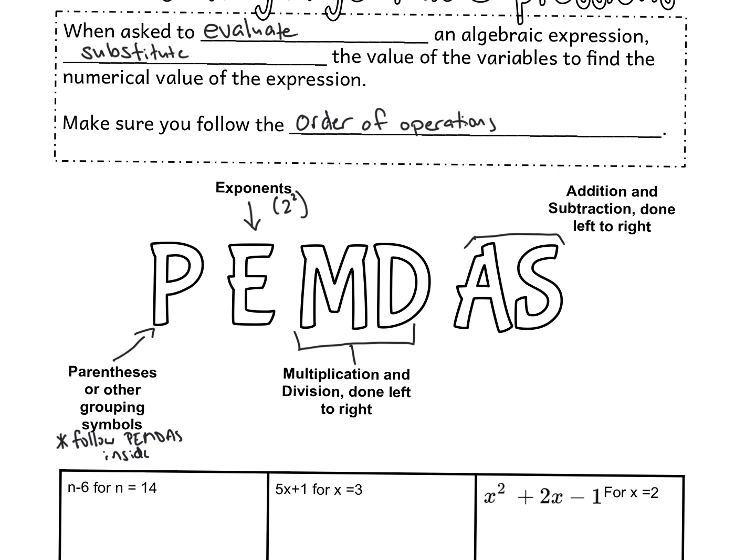The common misconception is that multiplication has to come first because M is listed first in PEMDAS, but actually multiplication and division are related, and we always just make sure when we do them, they are done left to right. So it doesn't mean that multiplication always comes first, but multiplication and division should always come before any addition and subtraction. And then same thing here, addition and subtraction are also always going to be done left to right.